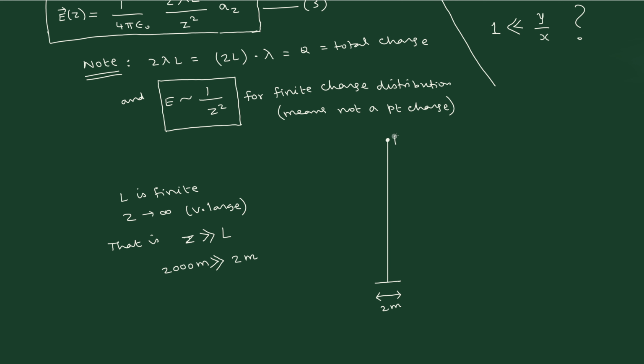This is the point P at which the electric field is calculated. Whether it is calculated or measured, both are the same. Right now we are doing the calculation. So this particular distance is this 2000 meter, from here to here.